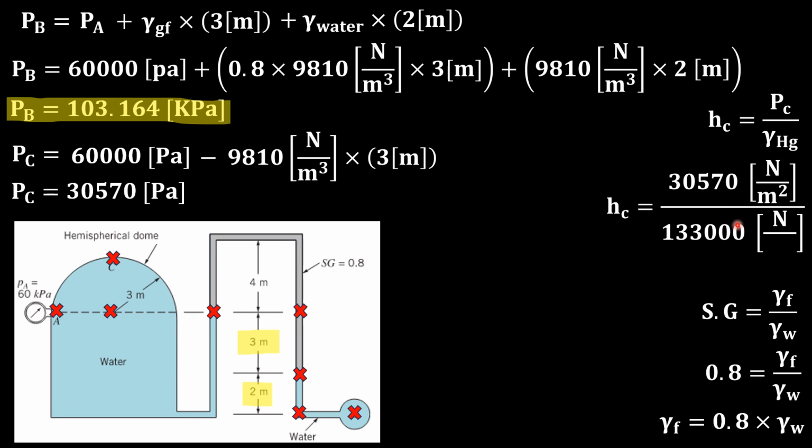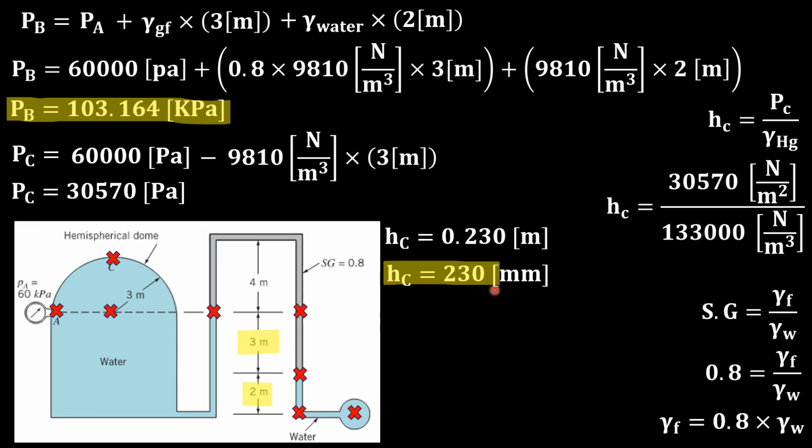So let's plug in the values. And so this one will be divided by 133. It will give us 0.229, or I can round it to 0.23 meter. And as you know, 1,000 millimeter is equivalent to a meter. So we will multiply this by 1,000. It will give us 230 millimeter. That will be all. Thank you very much. Have a good day.